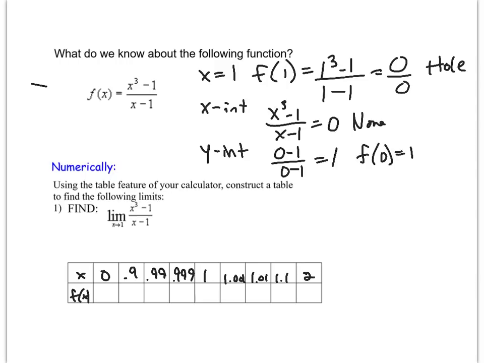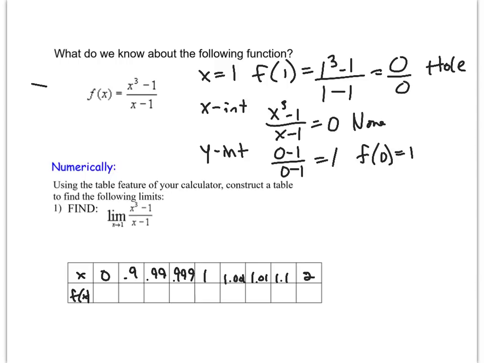So starting with 0, notice that the middle number is 1 and the last number is 2. Now in general in calculus, we want to go the same distance to the left and to the right of that middle number 1. So just to the left of 1, I'm going to go 1/1000th away from 1, either direction.